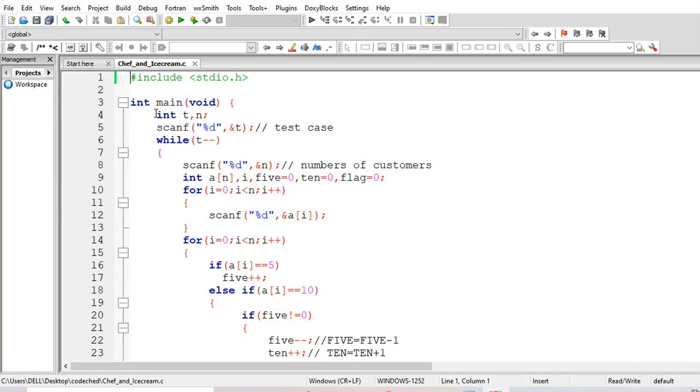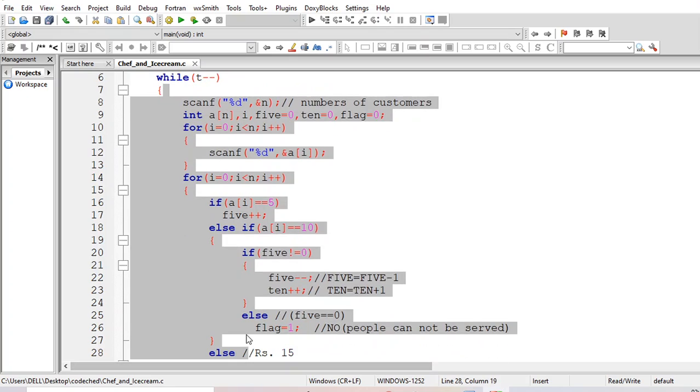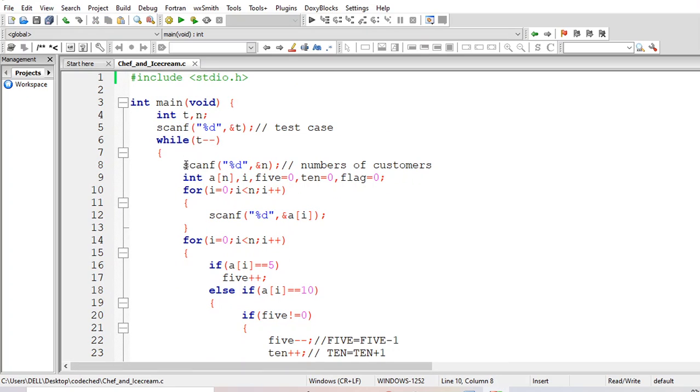In the main method there is an integer t and an integer n. Integer t is the number of test cases, and I use a scanf function to take the value of t from the user, and I create a while loop to continue the test cases. Inside the test case I use the scanf function to get the number of customers from the user, and then I create an integer array a of size n.